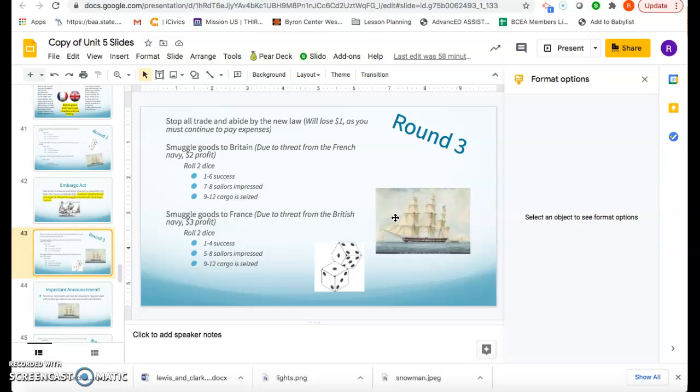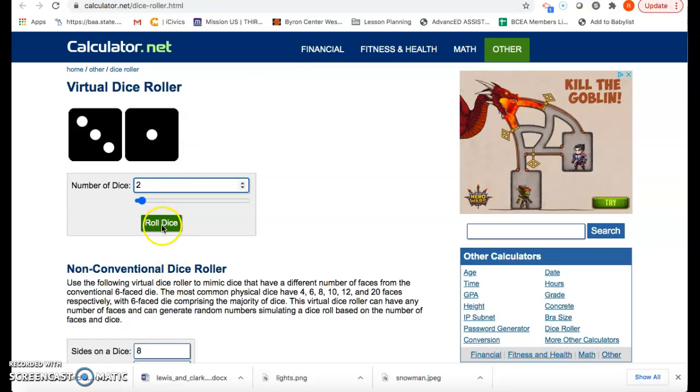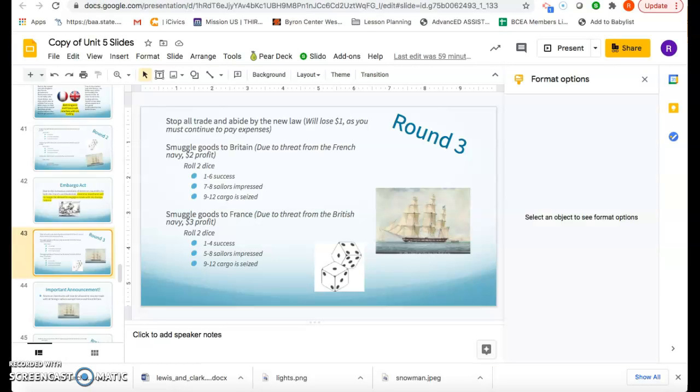Or you can play it safe and just lose $1. So highlight right here what option you are going to pick, and then roll your dice. Pause it to complete round 3.